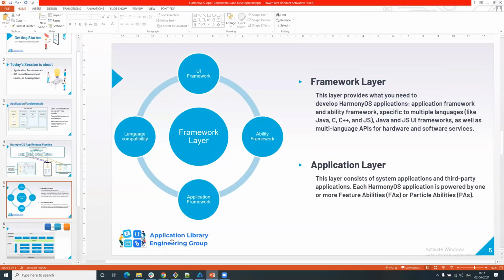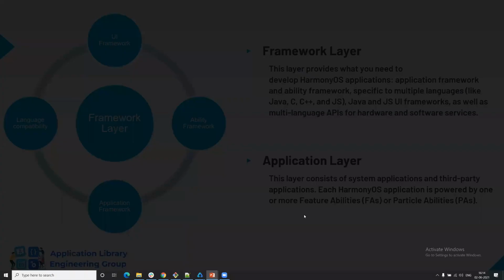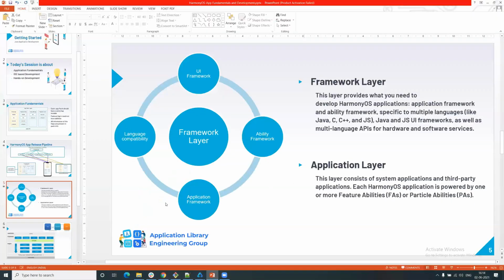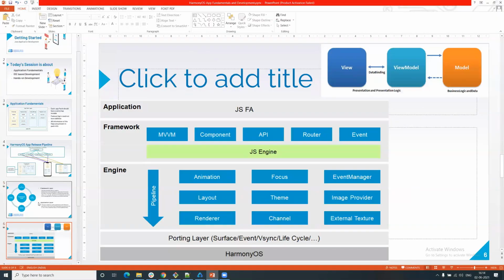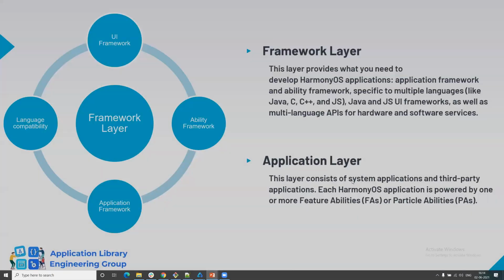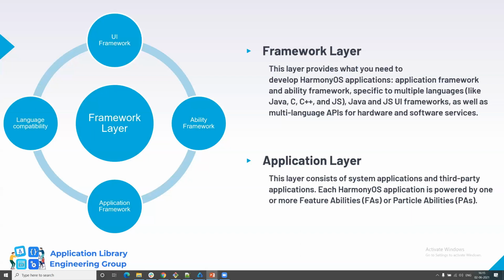So before going into explaining and doing hands-on, let us see a little bit on JavaScript. I hope you guys remember this part. Where we had a framework layer that we were trying to explain while doing the Harmony architecture.